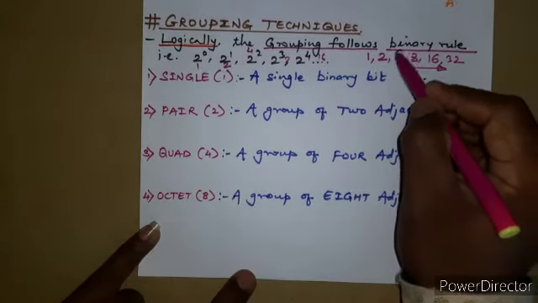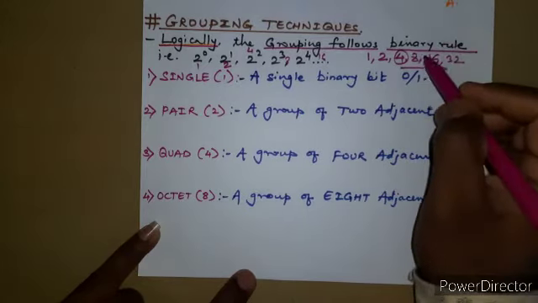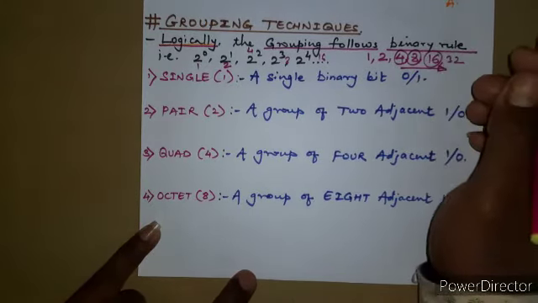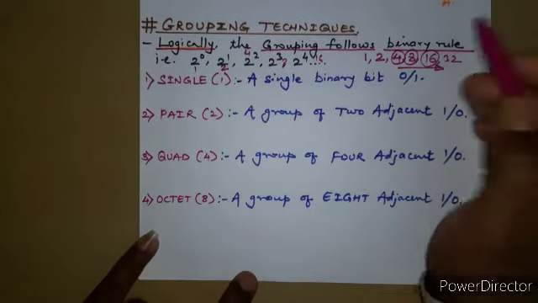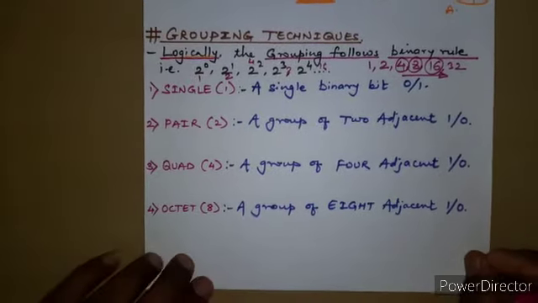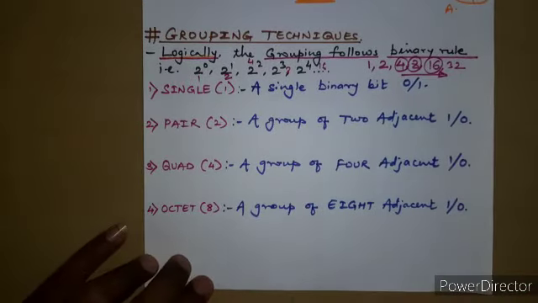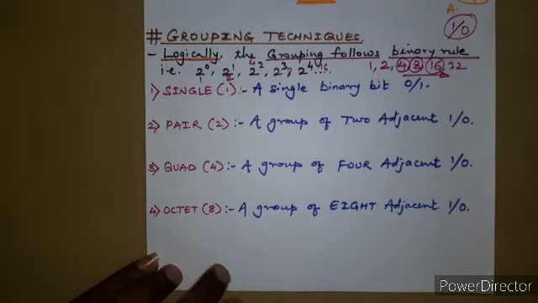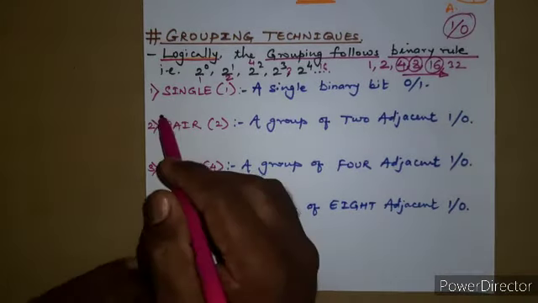So for 2 variables the maximum is 4, for 3 variables the maximum is 8, for 4 variables the maximum is 16, because that is the number of cells present here.